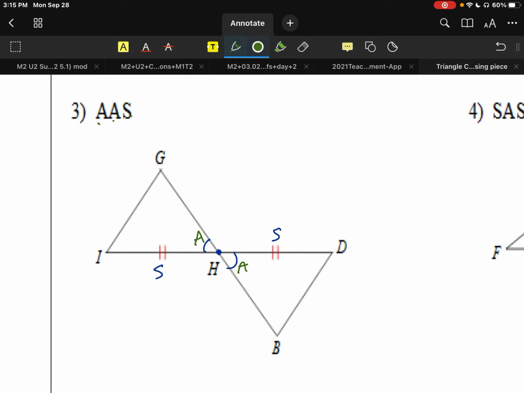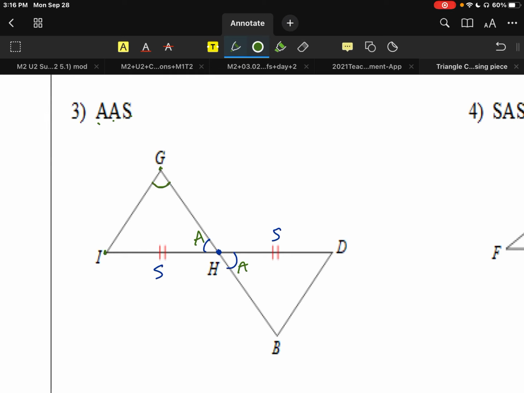A good way to think about it is the angle needs to be the farthest away from the side. If I'm thinking about it, I have angle I and I have angle G. Well, G is my farthest angle away from S, or from the side.